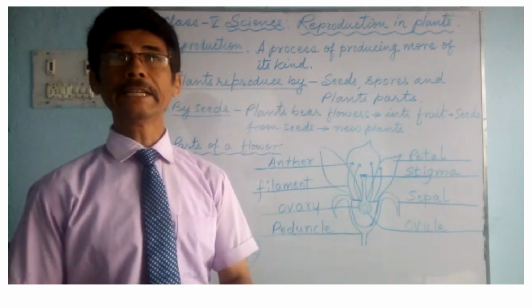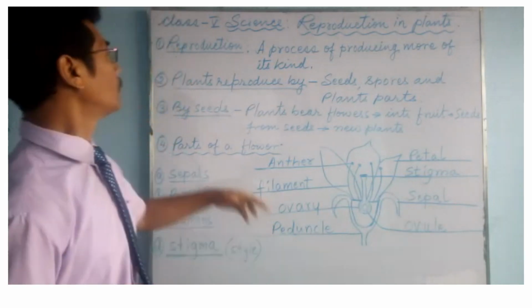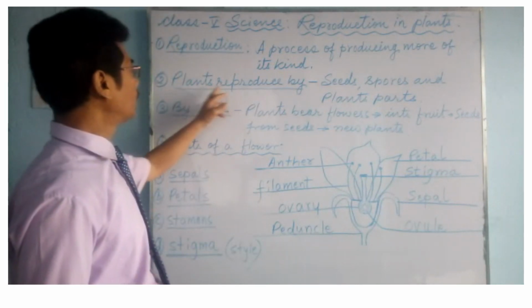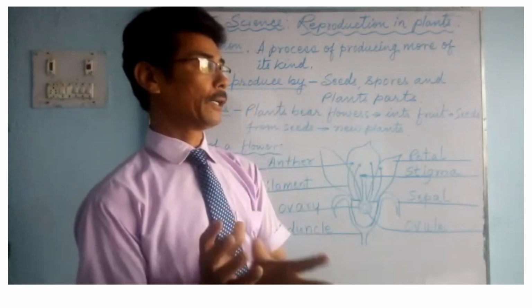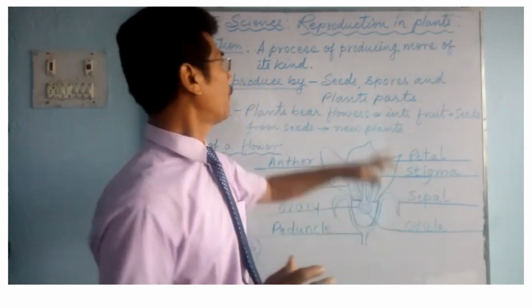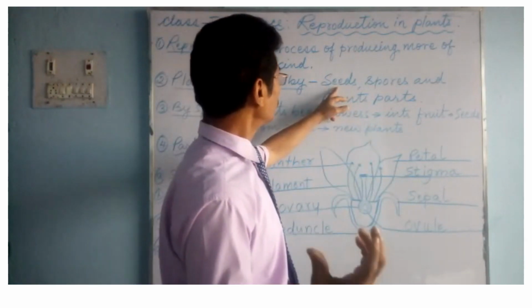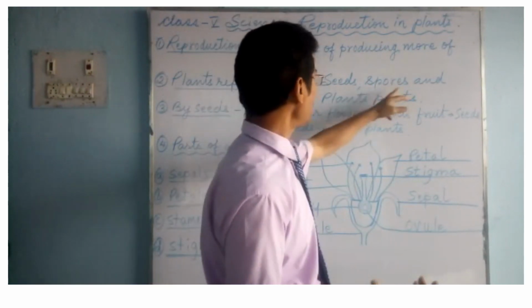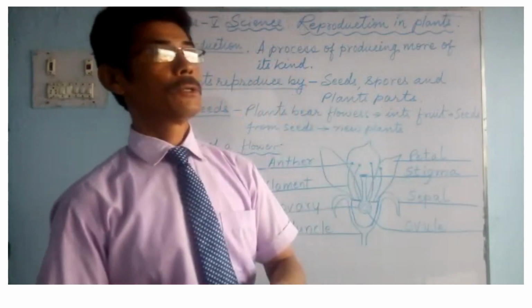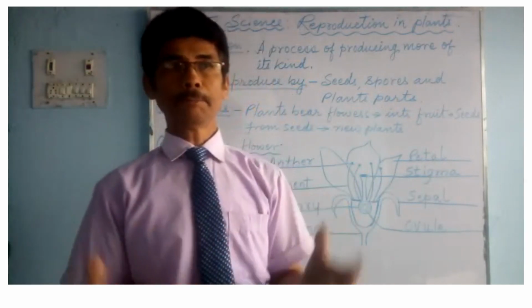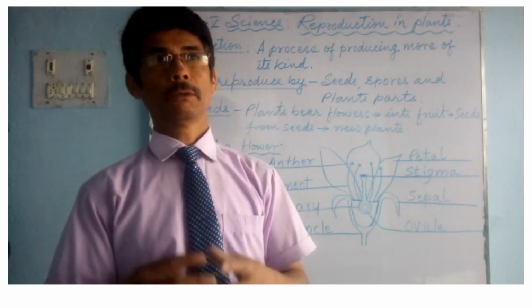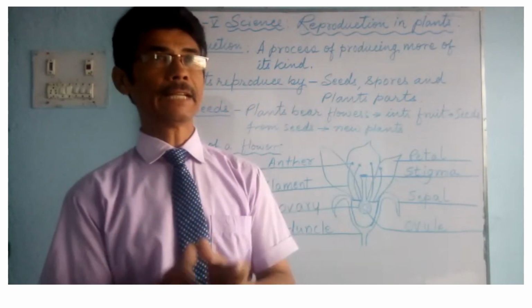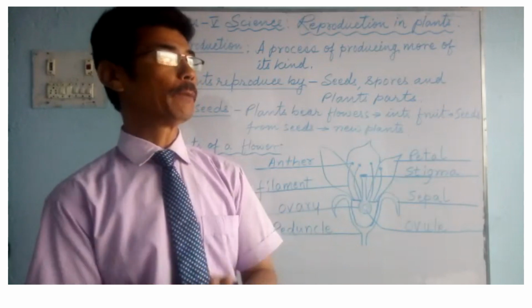So, living things reproduce. Number 2, plants reproduce by various parts and various methods, such as seeds, spores and plant parts. The first one is producing seeds, and from seeds again a new plant.